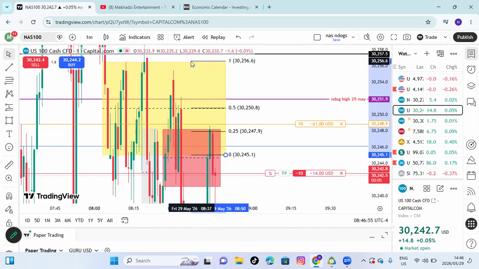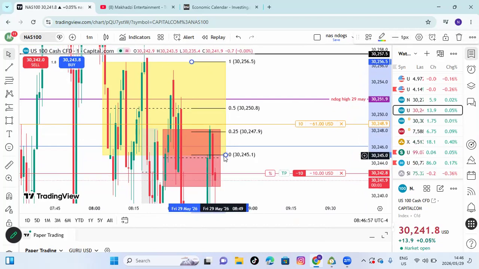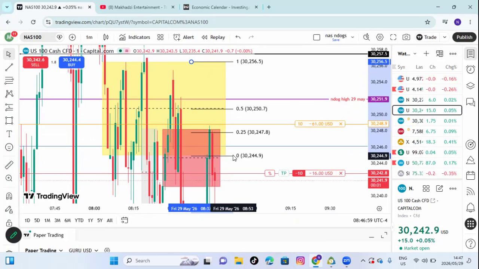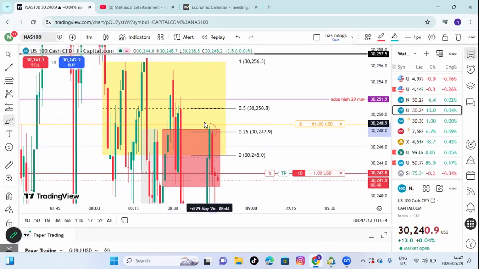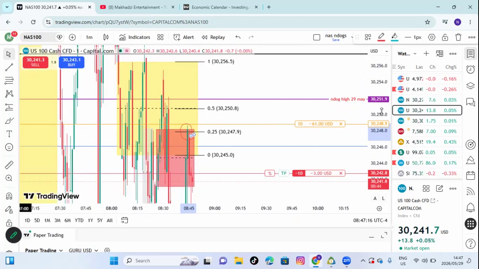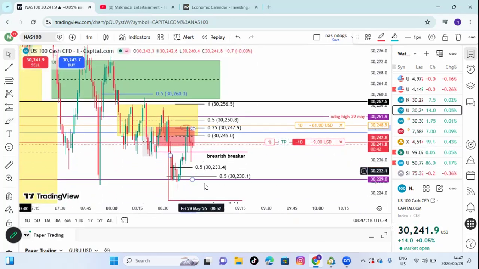Okay, there you go. I'm gonna pull it a bit. There we go. So this here, for me, is a signature that we can still go lower, right?